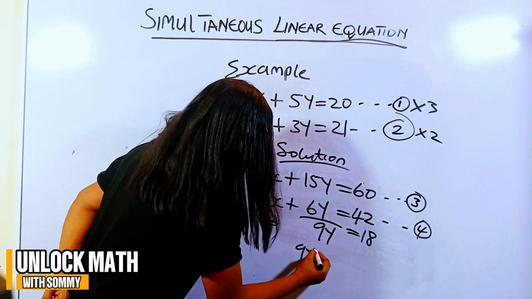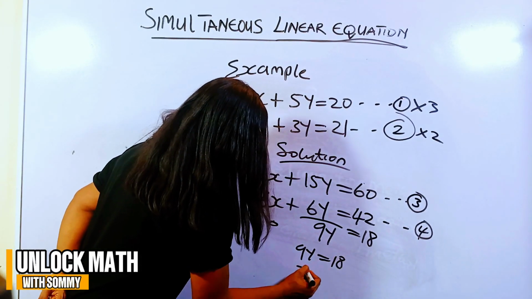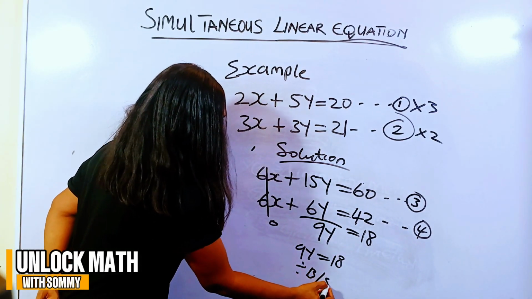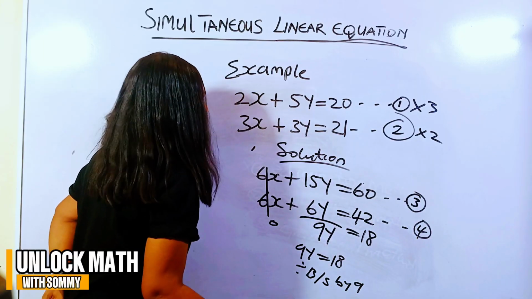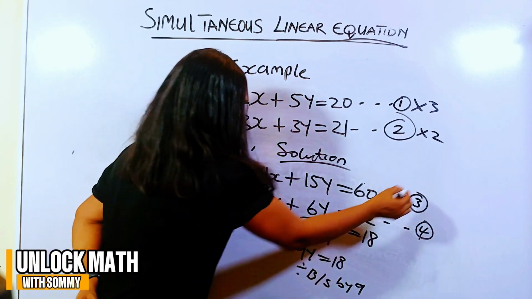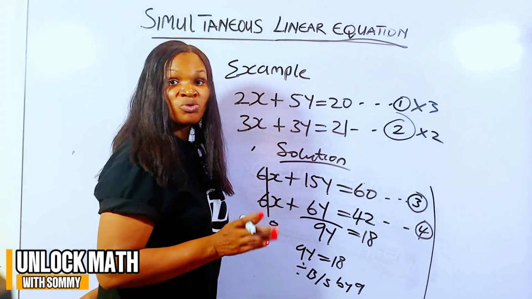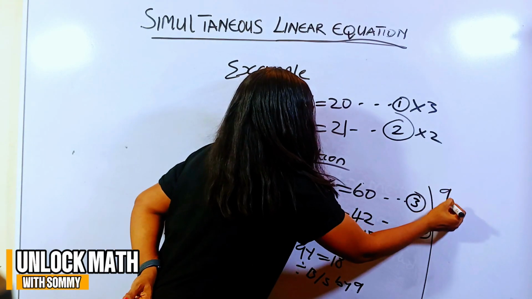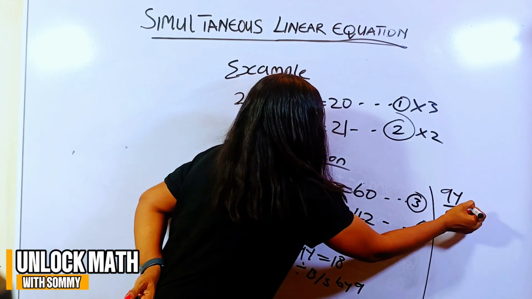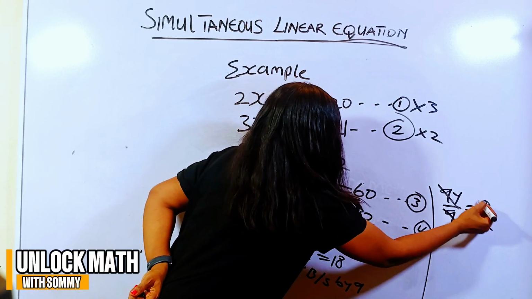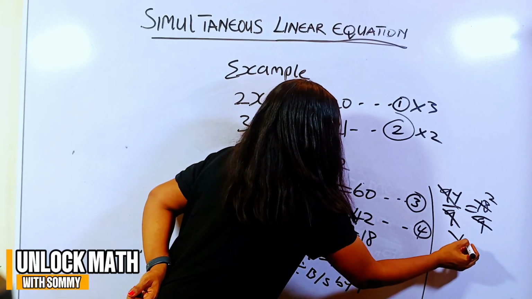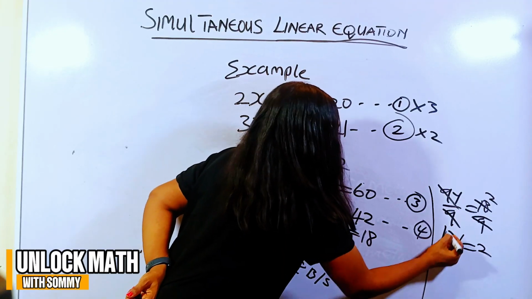Therefore, we have 9y equals 18. Dividing both sides by 9, 9y divided by 9 equals 18 divided by 9. Therefore, the value of our y is equal to 2.